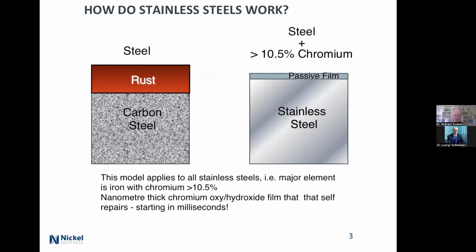That's the model that applies to all stainless steels, the ones where you're relying on a chromium oxide film on the surface to protect them. It's nanometers, as in millionths of a millimeter, thick, and it's not strictly an oxide. It starts out as an oxide hydroxide, but it's the same effect, and it will start reforming within milliseconds.